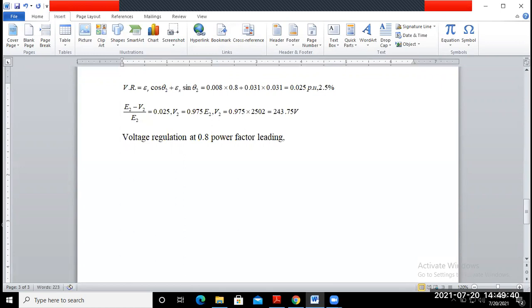Okay. Have you remembered the formula of voltage regulation for the leading power factor? If you remember, then we can write the voltage regulation at leading power factor. That means E2 minus V2 divided by E2 equal to epsilon r cos theta 2 minus epsilon x sin theta 2. Okay. In place of positive, we put here negative sign in the previous equation.